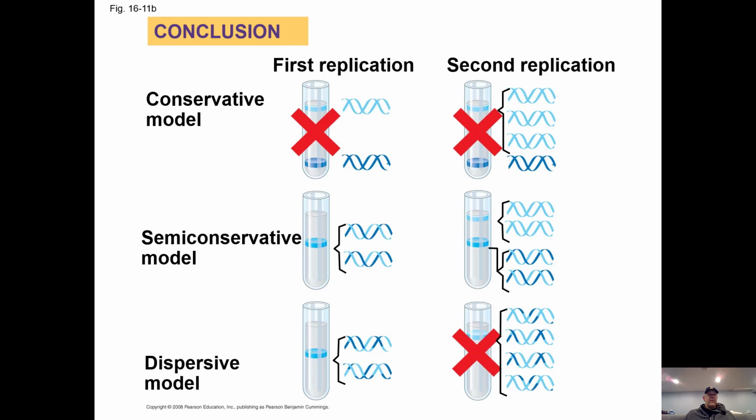In the dispersive model, you expect a light-medium band, but basically only one band versus two. And what they ended up getting was two bands of DNA, a really light one and a medium one. So this allowed them to conclude that our model of DNA replication is semi-conservative.